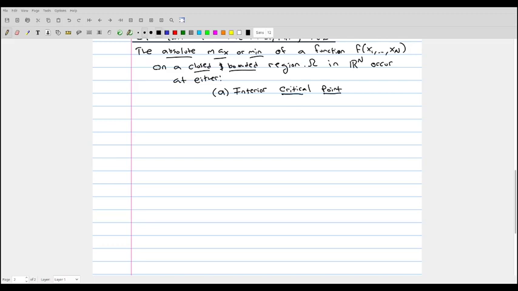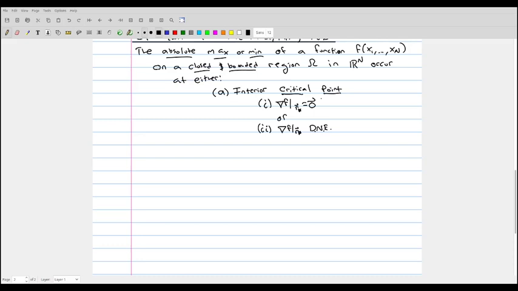inside the region omega. So remember, this is a point of two possible types. The first type is where the gradient of the function at a point is equal to the zero vector, or all of the partial derivatives are equal to 0. Or a point of type 2 where one of the partial derivatives at the point does not exist. You'll remember this is our second type of critical point.